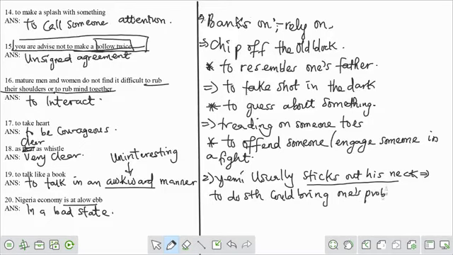Let me use STH for something. So it means Yemi is looking for something that will bring him problem. So stick out his neck means to do something that could bring one's problem. That's just it. Let's go to the next.